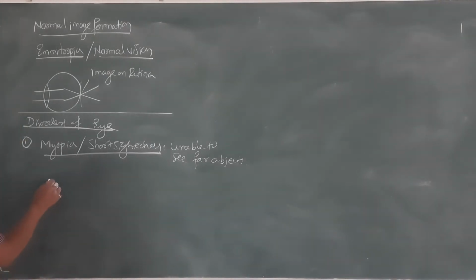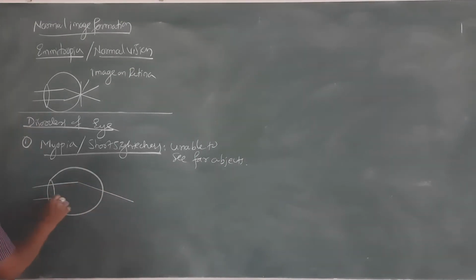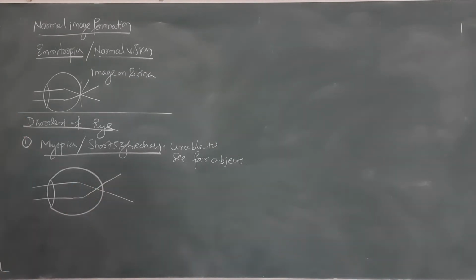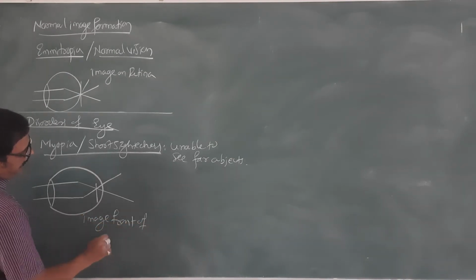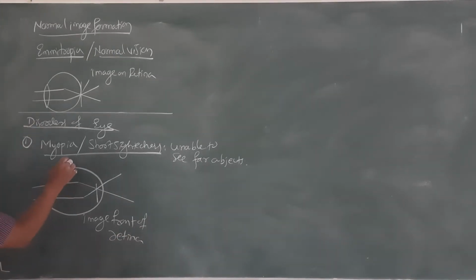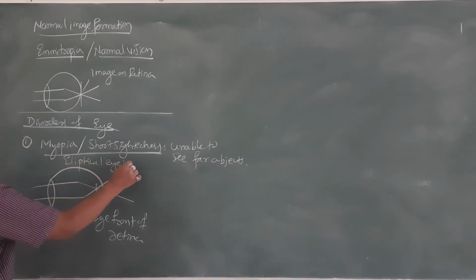Let me tell you. The person has the lens and the eyeball is elliptical. So what is happening here? The image is not formed on the retina. The image is forming in front of the retina, not on the retina, because of the elliptical eyeball.